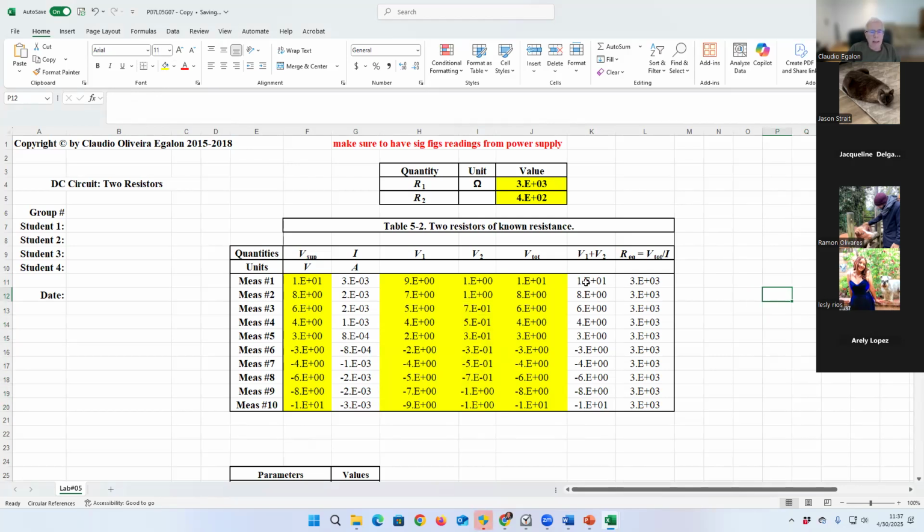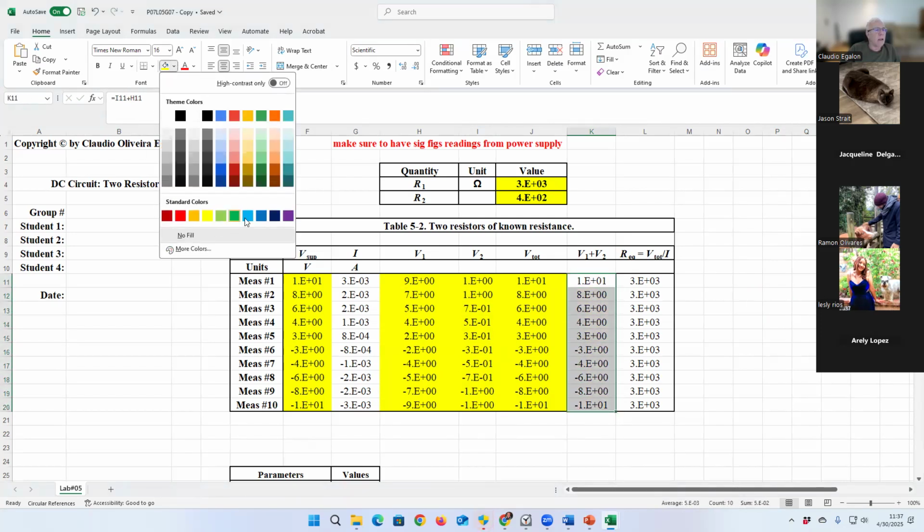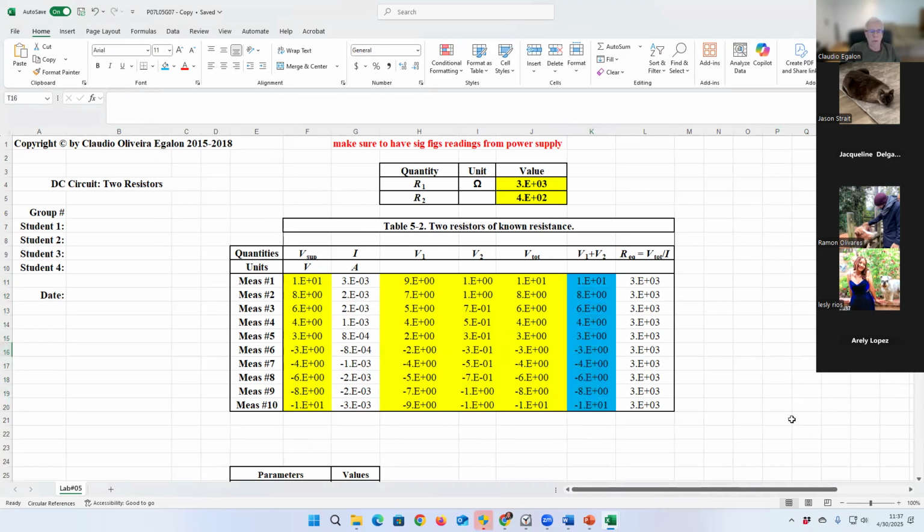At this point in time, those two are going to be calculated. And don't forget, this thing is not a measurement. This thing here is a result. And this too is a result as well. This is also a result.